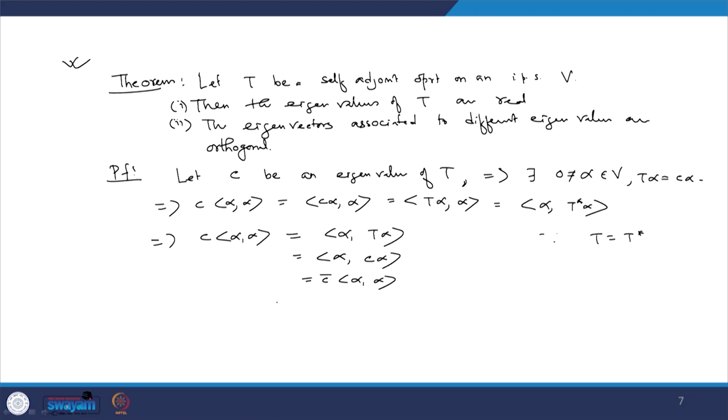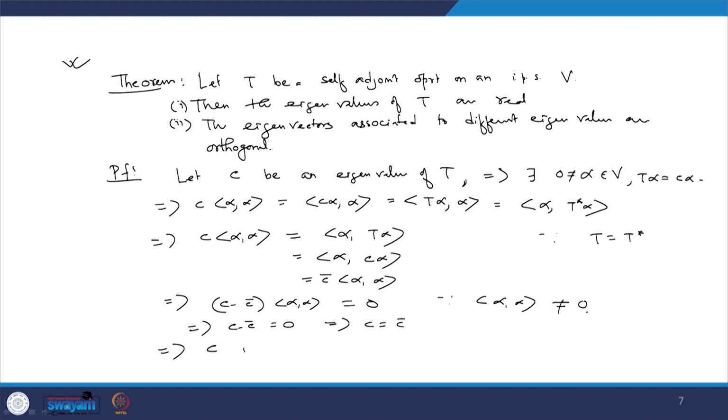Since alpha is non-zero, this implies that I will have C minus C bar into inner product of alpha alpha equal to 0. Since inner product of alpha alpha is not equal to 0, C minus C bar equal to 0, which implies C equal to C bar. So, this implies C is real.